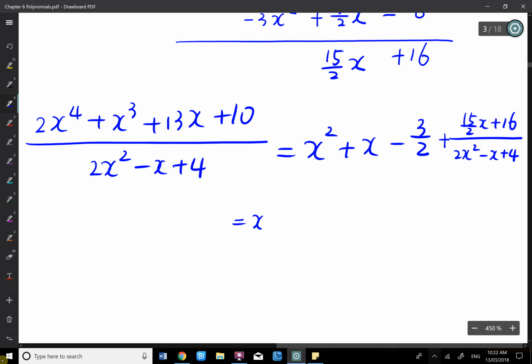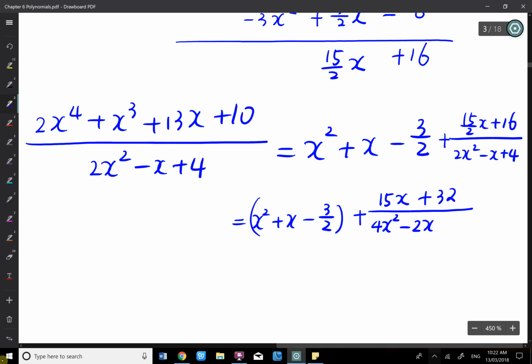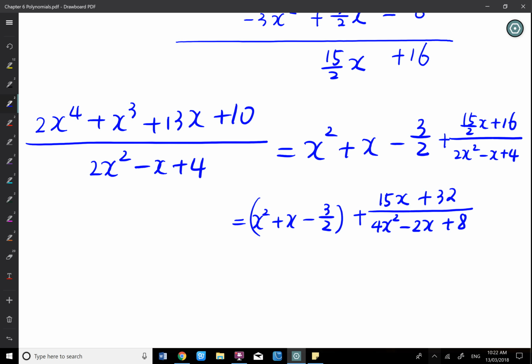So simplify that. Well, it's not going to change the quotient part. That just stays like that. And we multiply by 2 on top and bottom. That's 15x plus 32 divided by 4x squared minus 2x plus 8. Times 2 on both top and bottom for every single term.